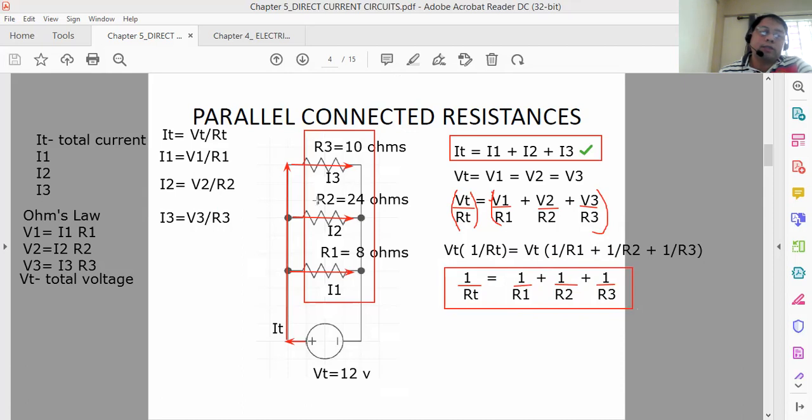So we can have a single value when we combine all these three resistances and call it an R sub T value. So again, we can come up with one single answer whenever we are dealing with a parallel connection. So again we have 3 governing principles. These ones in the boxes are the governing principles for our parallel connection.